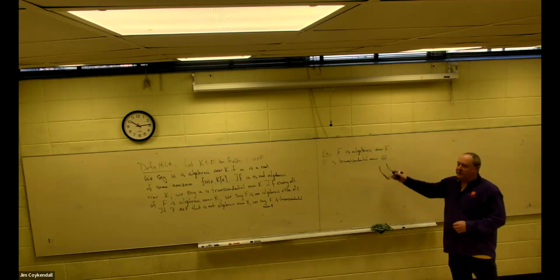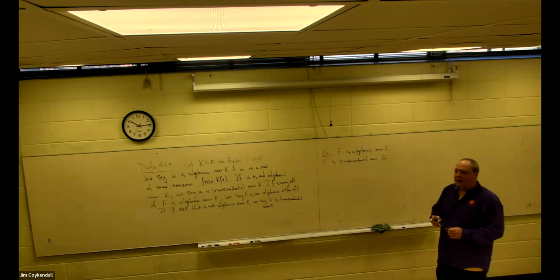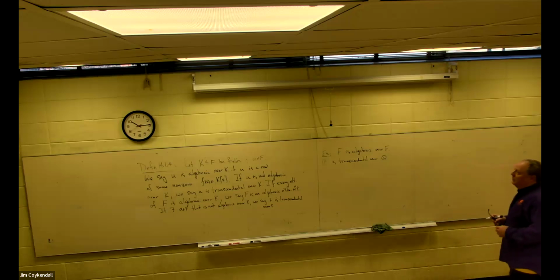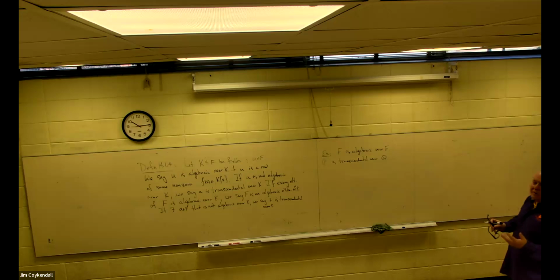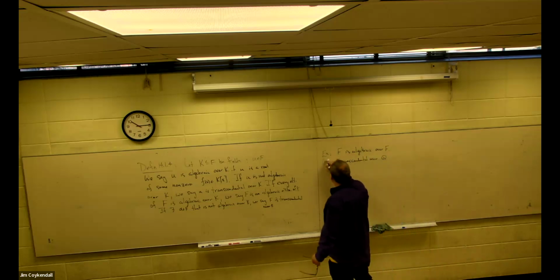When I say the "over," that's implicit that I'm talking about an extension. Okay. It's just like clarifying between an element and a set. Yeah, so thanks, Neil. That's right. It should be implicit, but sometimes they say this is an algebraic extension of. Okay.